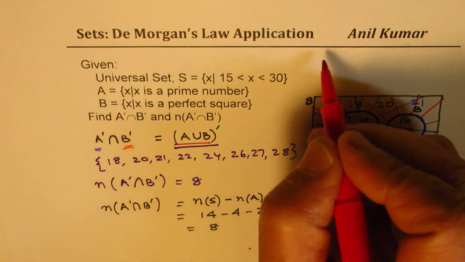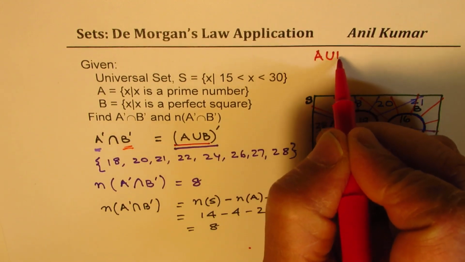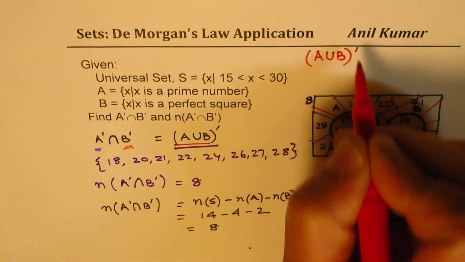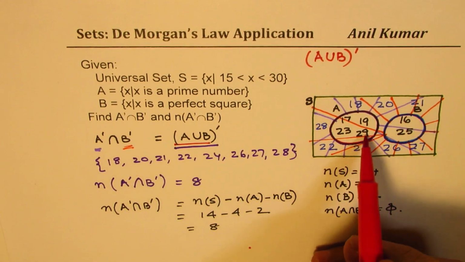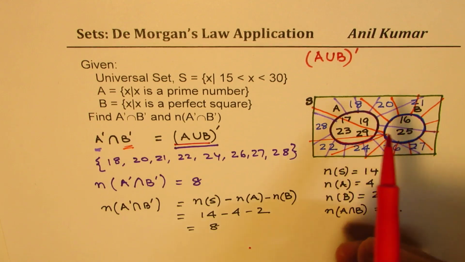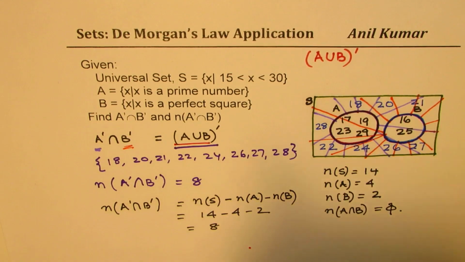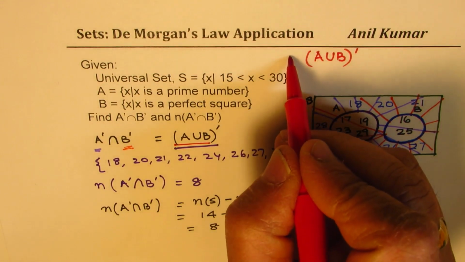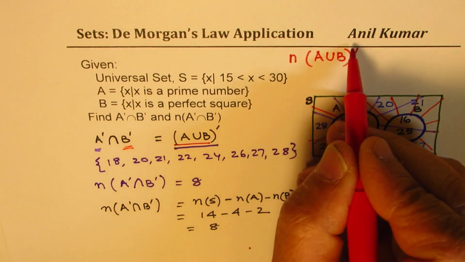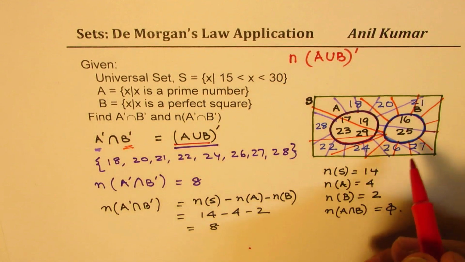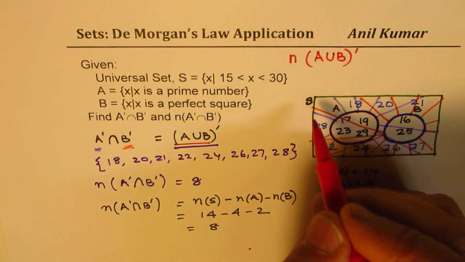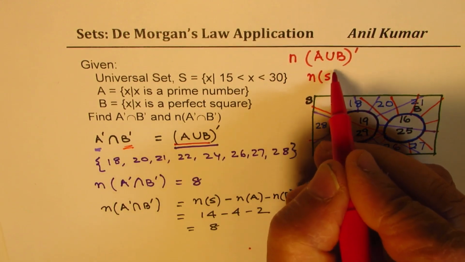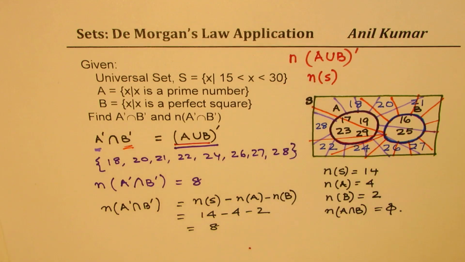A union B. So when I say A union B complement, then A union B is all these, right? And complement means not these. So when we are talking about numbers in A union B complement, then what we can say here is it is total number is number in the universal set, right?